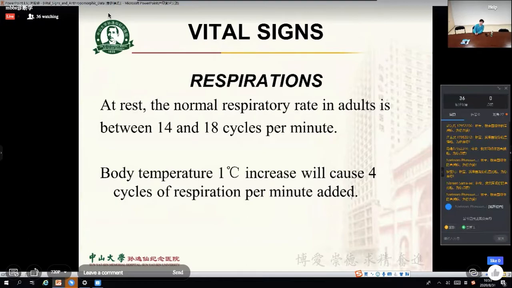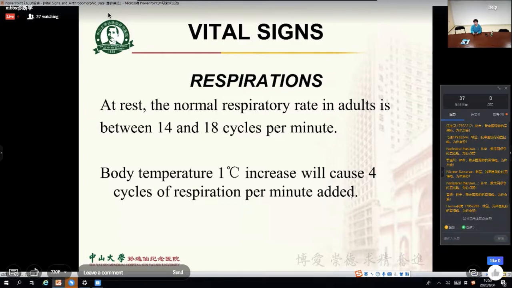And respirations. At rest, the normal respiratory rate in adults is between 14 to 18 cycles per minute. And a 1 Celsius degree increase in body temperature will add 4 cycles of respiration per minute.